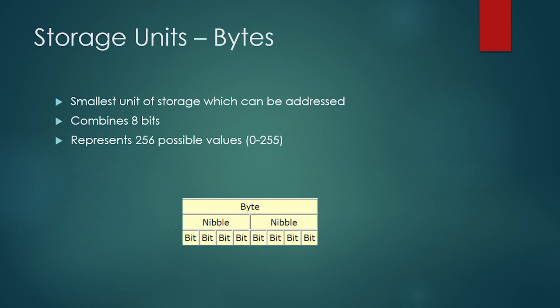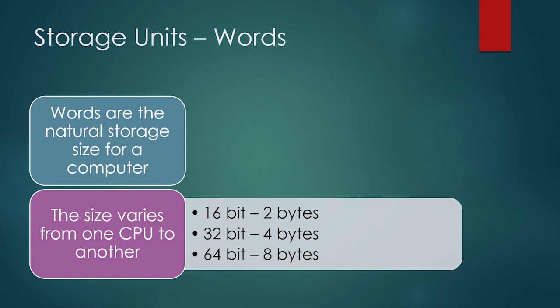So they combine that into a larger storage unit called the word. And the word is kind of a natural storage unit for the machine. And what that means is when the CPU loads things from memory or stores things back into memory, it typically does it a word at a time. The size of a word varies depending on what your CPU is.